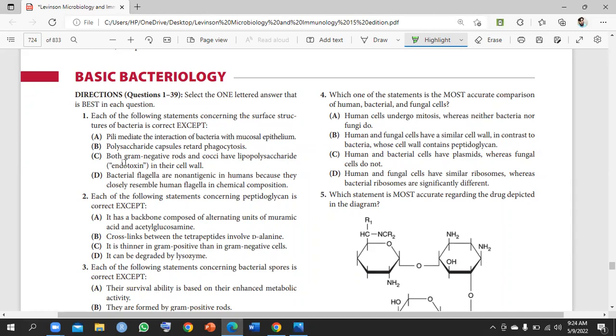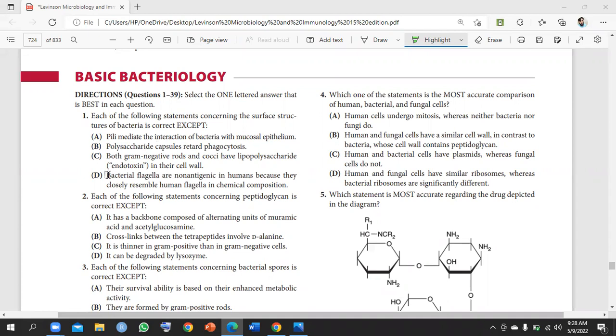Option C is that both gram negative rods and cocci have lipopolysaccharide in their cell wall. This is also a correct statement: only gram negative bacteria, whether cocci or rod shaped, have LPS, lipopolysaccharide, in their cell wall.